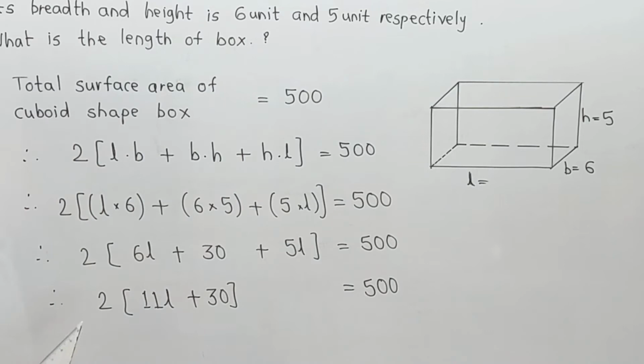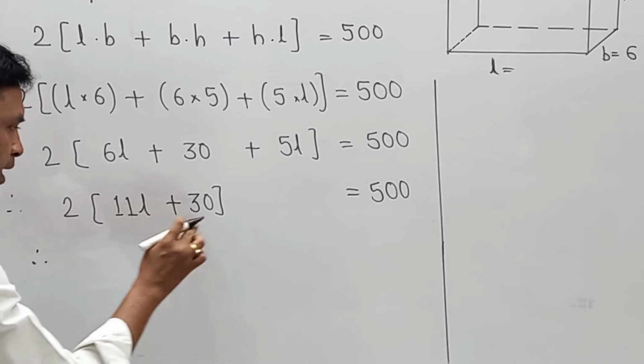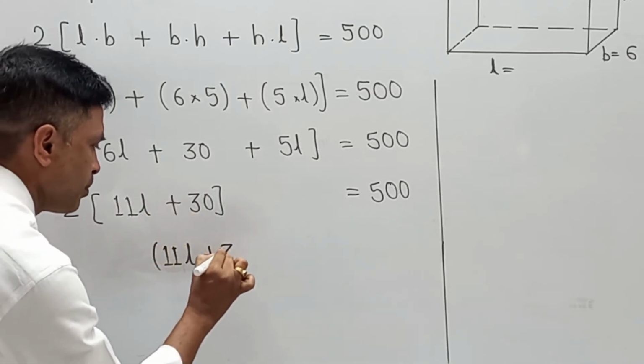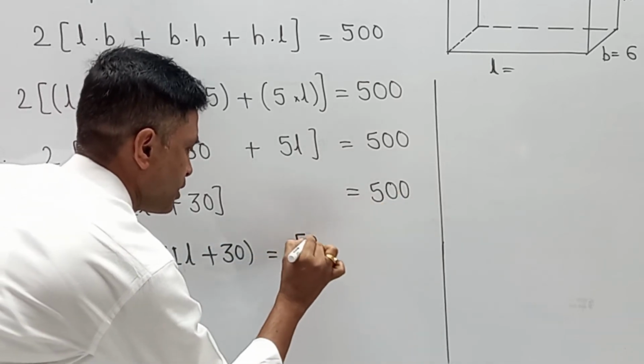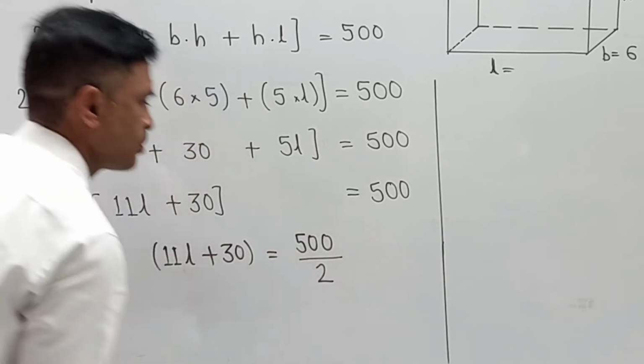Now first step, I am going to divide by 2 over here and do the needful calculation. Please pay attention. 11L plus 30 is equal to 500, and this 2 which is multiplied over here goes to the other side as divided by.